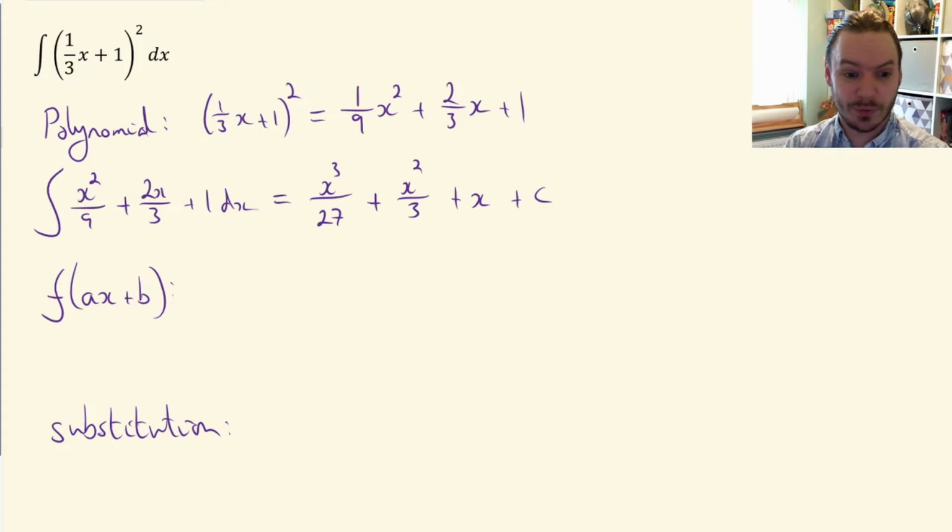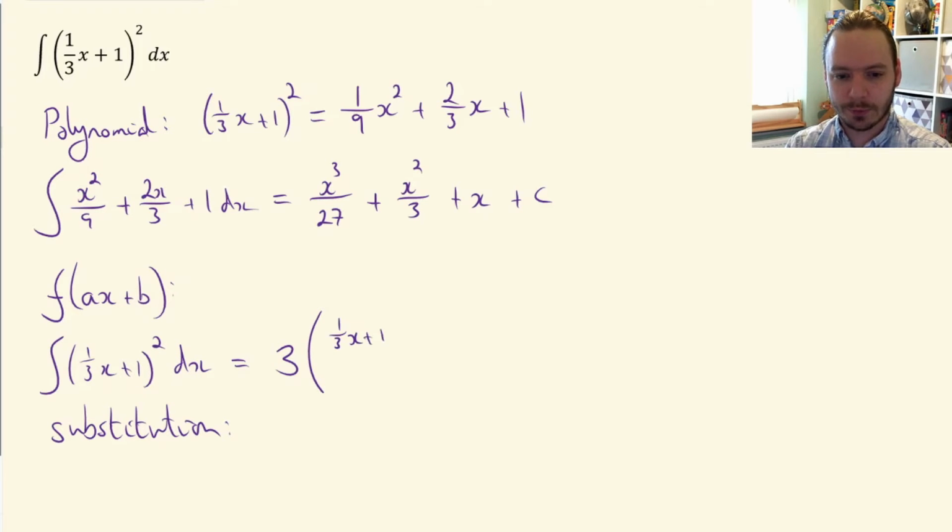The second strategy you can use is the one we met earlier in the chapter. This is a function of a linear function, and therefore I can just use the strategy that we found earlier in the chapter. So the integral of 1/3 x plus 1 all squared is going to be, well, I divide by the derivative, which is the same as timesing by 3. So I'm going to end up with 3 lots of 1/3 x plus 1 cubed over 3 plus some constant.